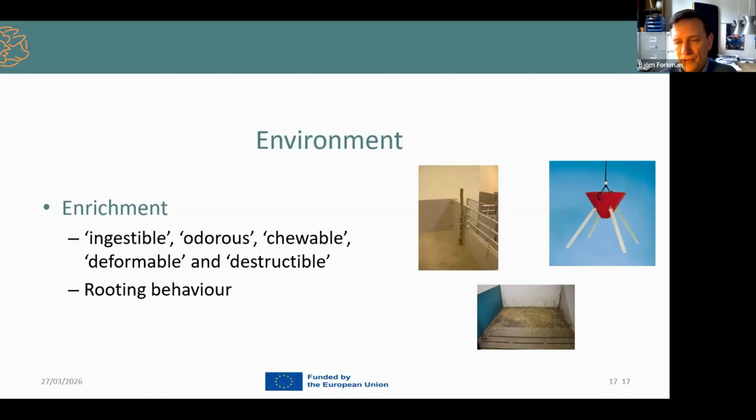According to EU legislation, pigs should have access to enrichment material, which should be destructible, deformable, etc. And the examples given by the Commission are things like straw, sphagnum, etc. The problem is that straw, sphagnum, etc. are things that are hard to get rid of from the pigsty.